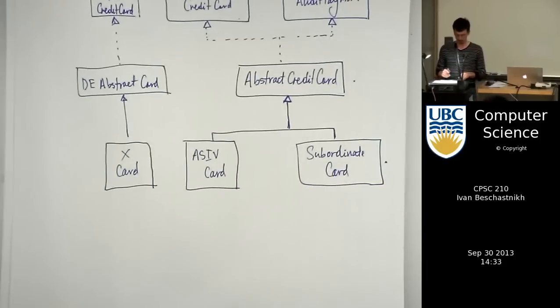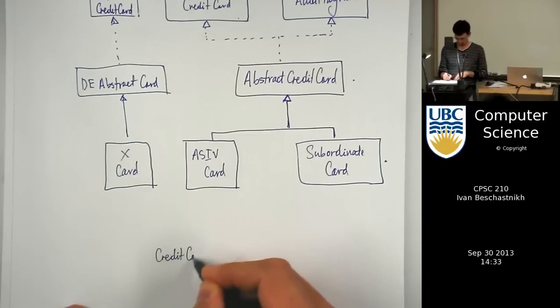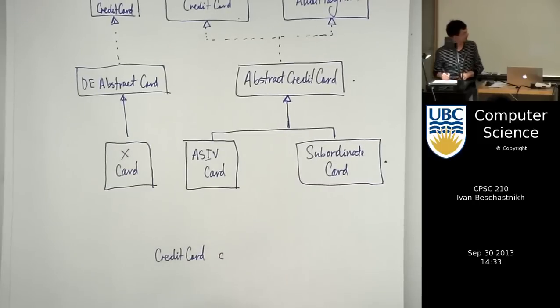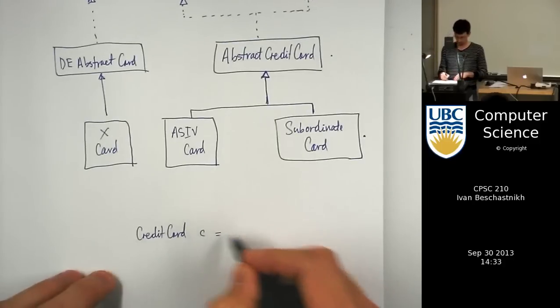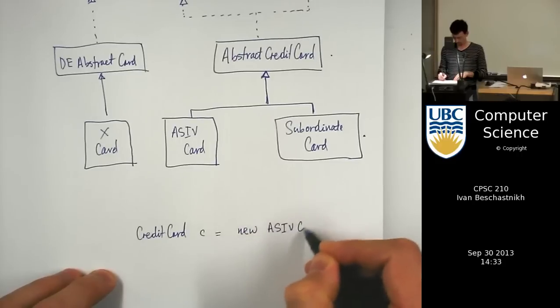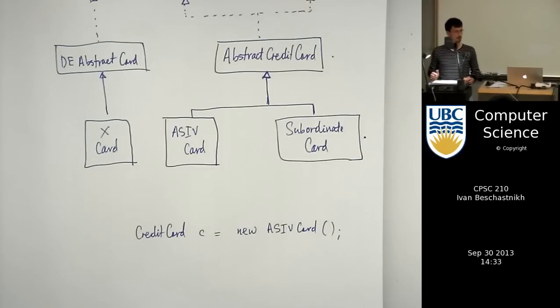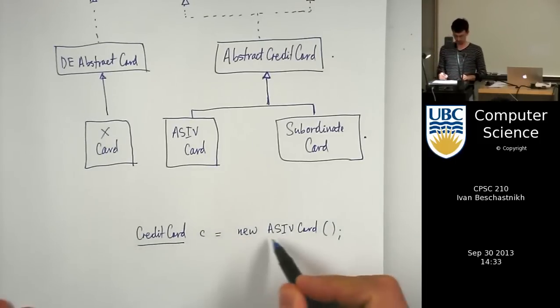So what I could do now is say credit card C equals new ASIF card. Remember, I can do this because this is a supertype and this is a subtype.